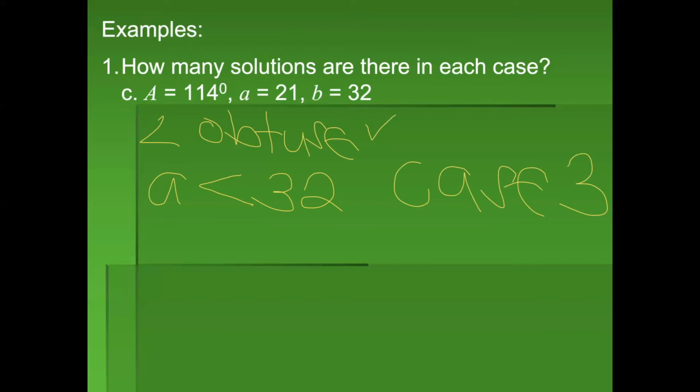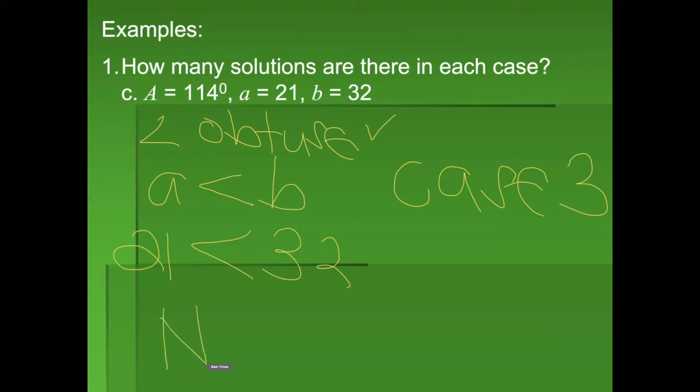Now, we will just compare the sides given. A is 21, that is less than B, which is 32, wherein A is the opposite side from the given angle. Since the opposite side from the given angle, which is A, is less than the other side, which is B, we can already conclude that there is no solution.